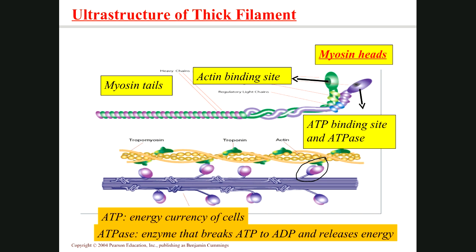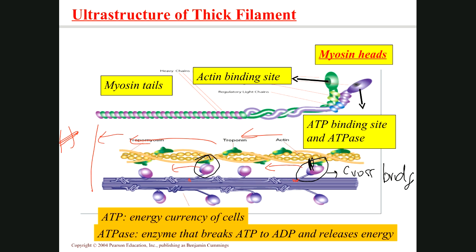The myosin head and the active site of actin bind. Now you can see there's another cross bridge here, where the myosin head, which actually has a little hinge right there, pivots and drags the thin filament with it towards the H zone.